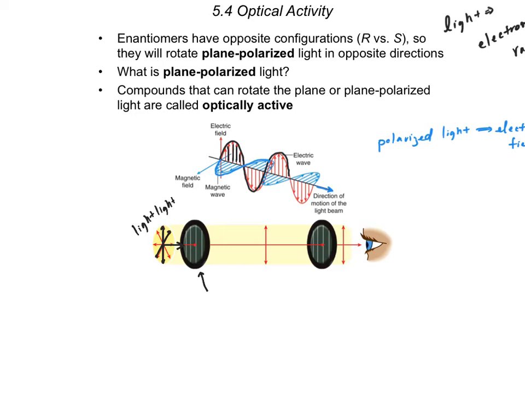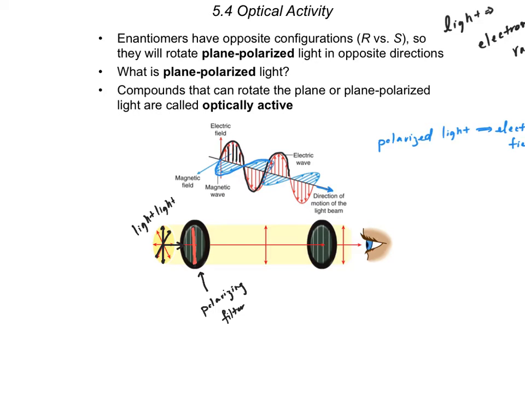Now, what is polarization, or what is plane polarized light? When we have plane polarized light, what we have taken is a polarizing filter. This is a polarizing filter, and essentially it's just a tiny little slit, right? So we can imagine this tiny little slit in our polarizing filter. All this is going to allow through is the orientation of the electric field component that actually fits through the slit.